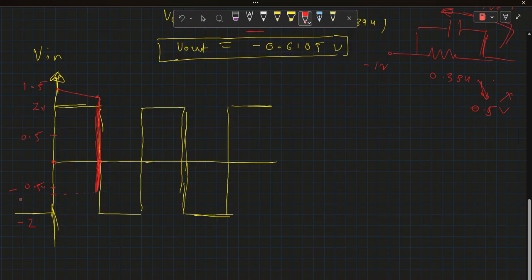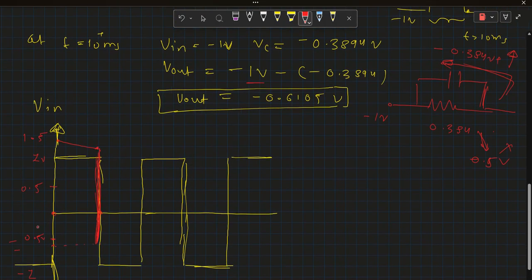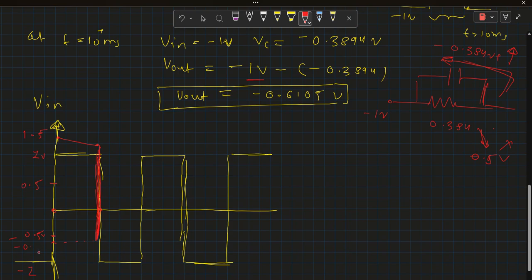So this is minus 0.6105 volt. Let's suppose the capacitor will charge to some 0.4 volt, I guess.